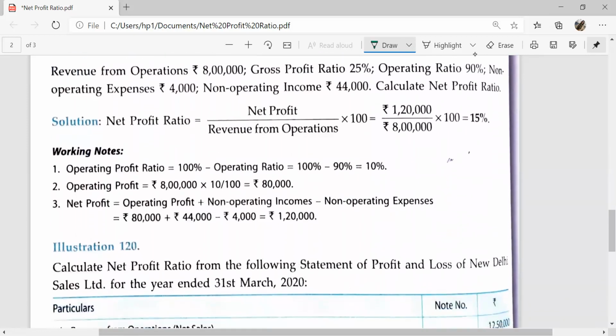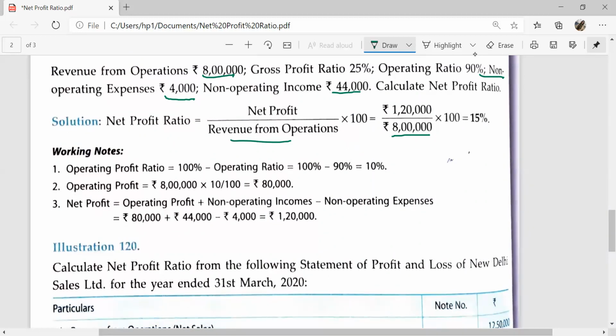Okay, next question. Revenue from operations are 8 lakh, and gross profit ratio is 25%, and operating ratio is 90%, and non-operating expenses and non-operating incomes are given 44,000. Calculate the net profit ratio.